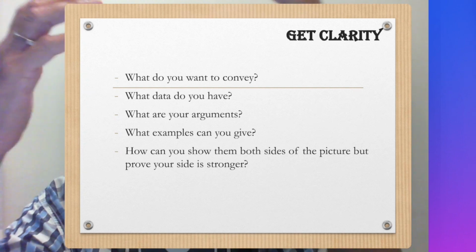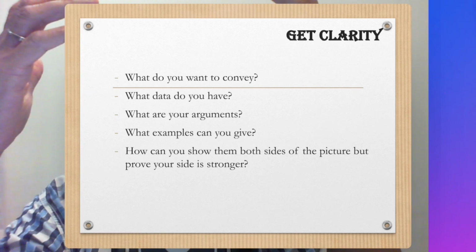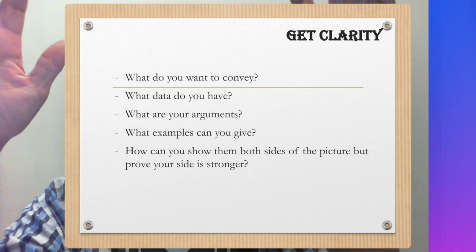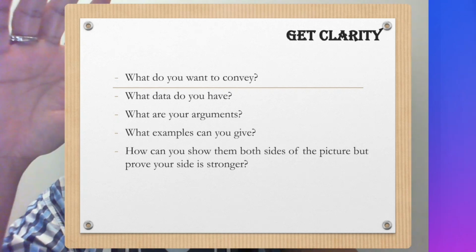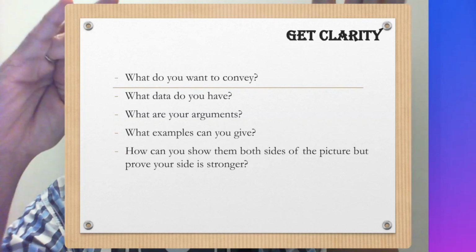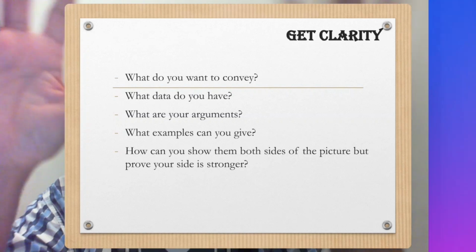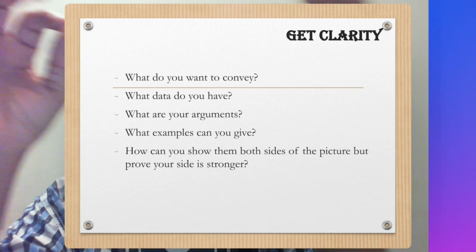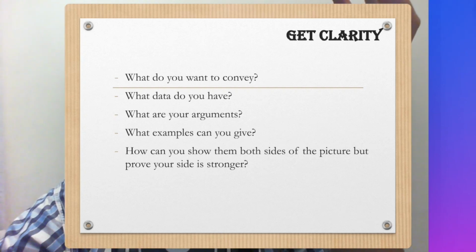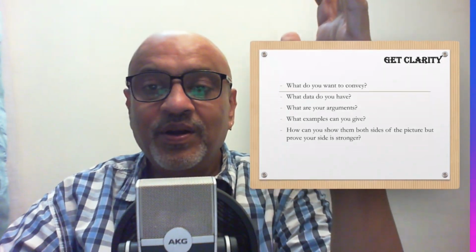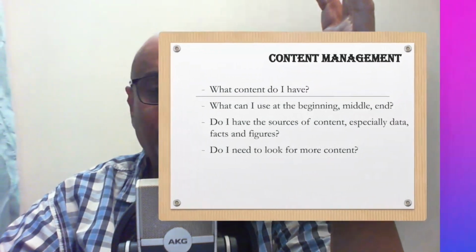That's good persuasion, where I am able to show them both sides of the picture and then prove to them that, look here, this side looks stronger, but the choice is yours. So then you make a choice. Whatever you want, you may choose. So this is the way in which you should go about getting clarity on your proposal.